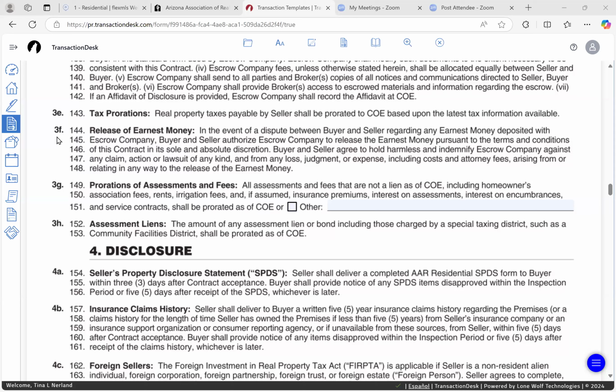So again, every contract's going to be different, but these are the basics. You've got to understand the timelines. You've got to understand what is in your client's best interest. And at the end of the day, escrow company has the final say, and they go by what's written in the contract. So always tell your client that.